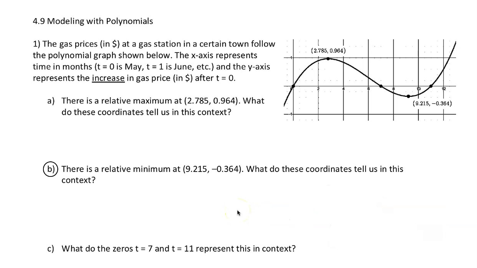The gas prices in dollars at a gas station in a certain town follow the polynomial graph shown to the right. The x-axis represents time in months. T equals 0 will be May, just to make sure you can see where the axes are. Here's the y-axis. Here is the x-axis. And we're told the x-axis is time in months.